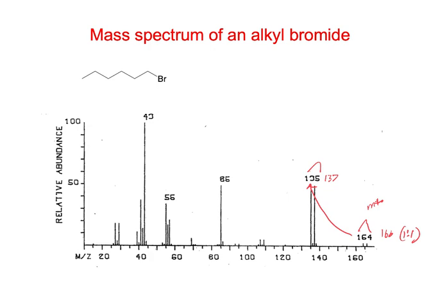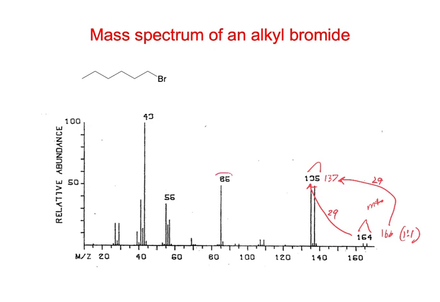So what's that loss of 29? Also, 166 going to 137 is also a loss of 29, right? So we're just showing the loss of probably an ethyl group here, and it can happen with either the bromine 79 or bromine 81, right?